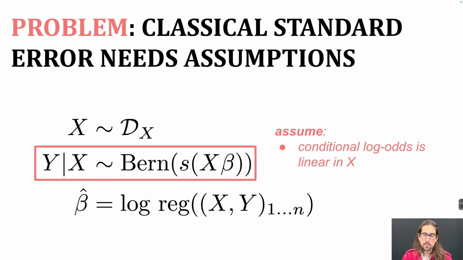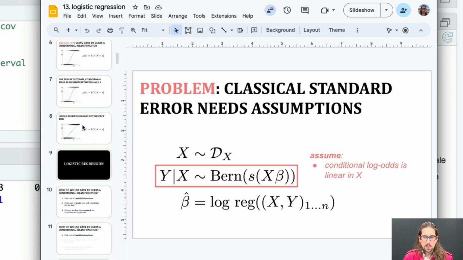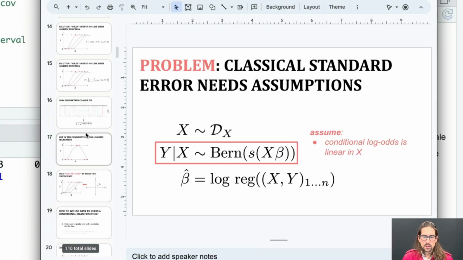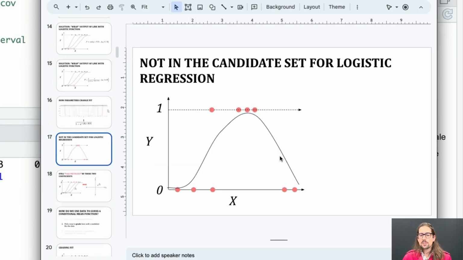Now I'm showing you this, but I actually don't want you to ever do that, ever. And the reason is that, like for linear regression, where this easy math relied on this very crazy assumption, same thing here, right? Why should we assume, in order to estimate the variance of these things, that this is the true model, right? We could very well have a situation where the risk profile in our covariate is something like this.